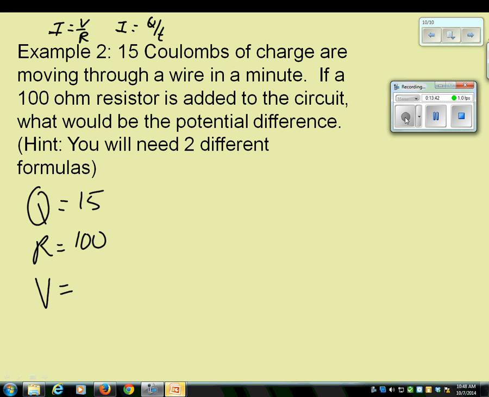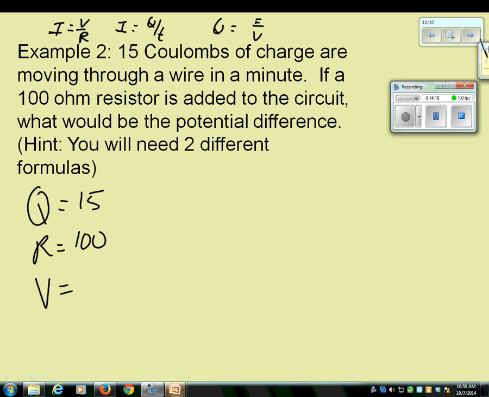What's the third one with the E in it? Help me out here, because I'm old. V equals E over Q, is that the one?